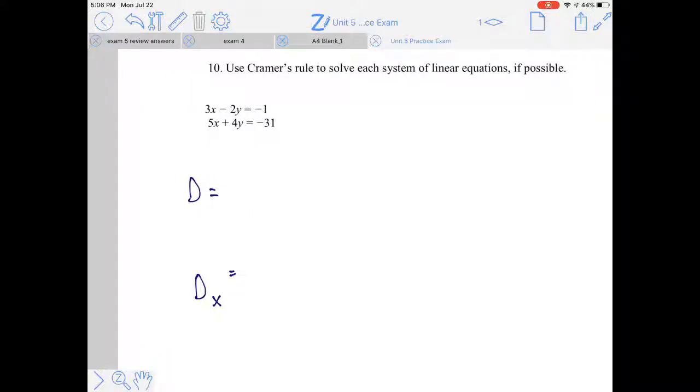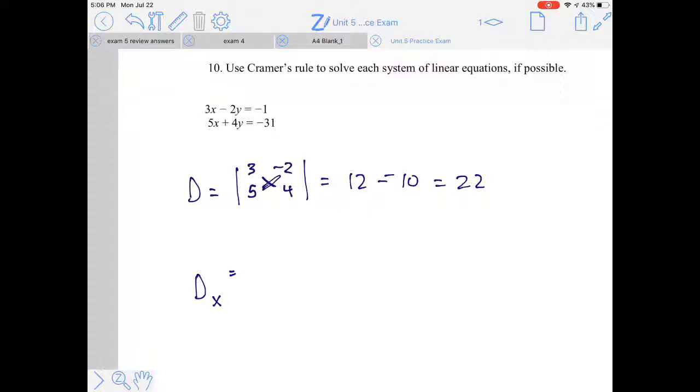For this first one, D, you just make a matrix containing just the coefficients there, and then you use that formula. For a 2x2, it's real quick: this product there, which is 12, minus that product there, which is negative 10. You're looking at 22.